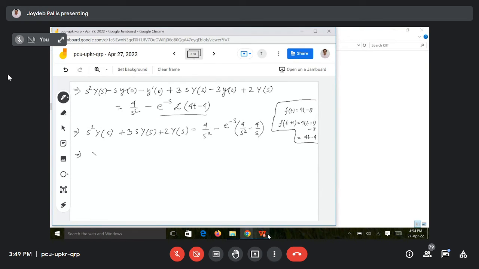Ultimately, (s squared plus 3s plus 2) Y(s) is 4 by s squared minus e to the power minus s into 4 by s squared plus e to the power minus s into, I'm separating it into two parts, 4 by s.